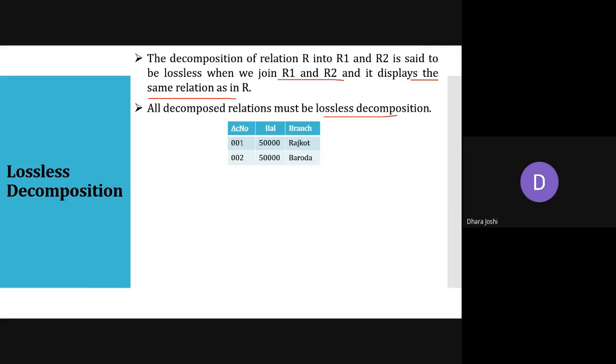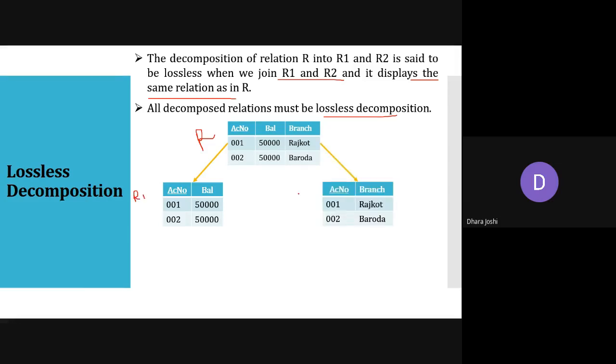So in this example, the relation is account number, balance and branch, the same account table we are taking. The same relation R1 we are taking, which is account number and balance, but we have just modified relation R2. Previously, in place of account number it was balance. But now we know that a join can only be done with the primary key.